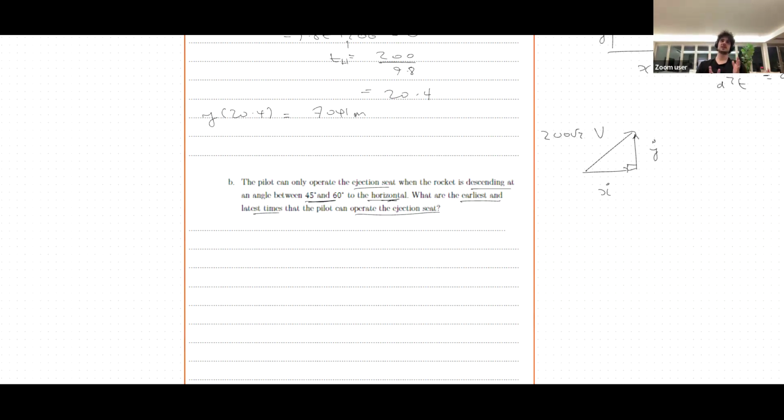I'm just trying to figure out how, because then I'll need to do the time it takes. Because it needs to be between 45 and 60. I don't think you can predict it like that. Think how you find your angle.